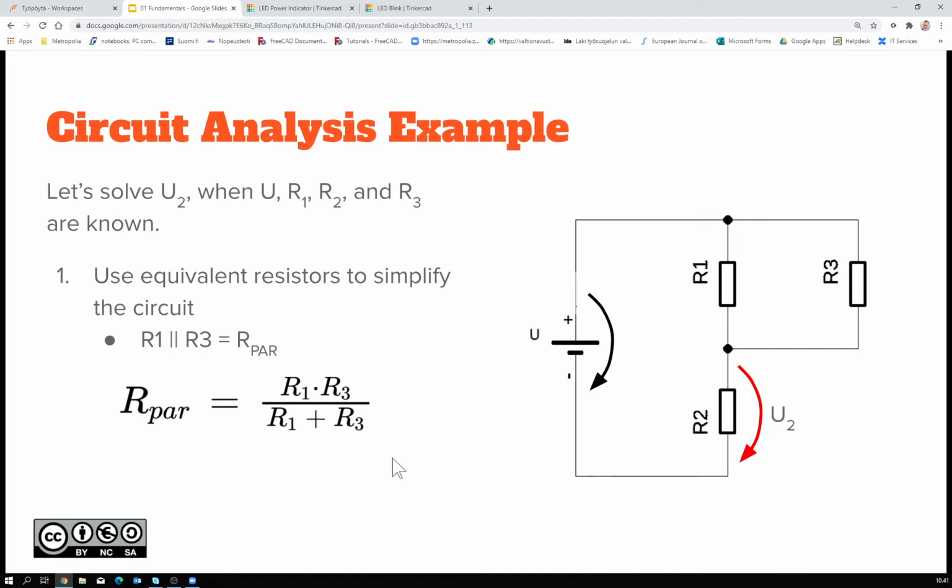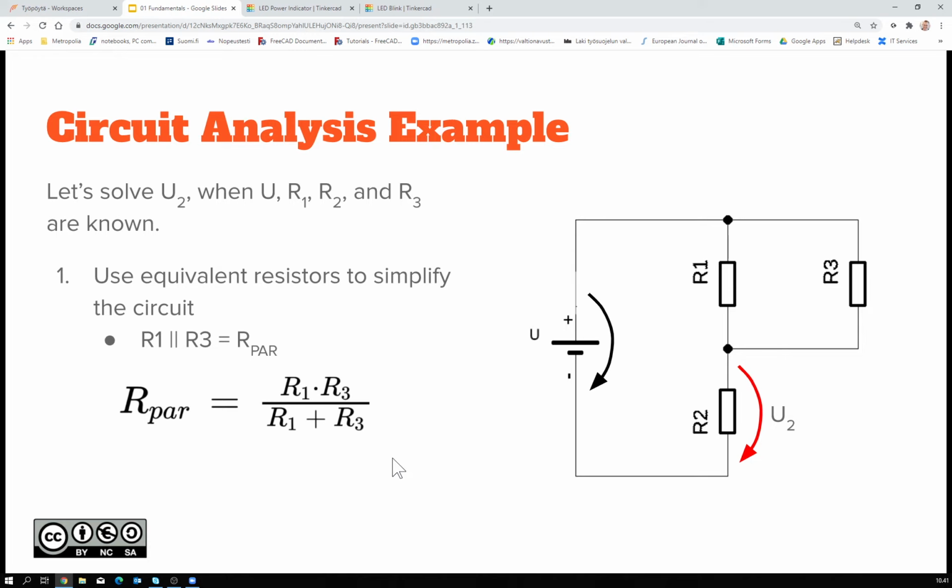By the way, when we have any of these kind of pictures, circuit diagrams, whatever is marked on that circuit diagram initially, those are considered known variables, known parameters.